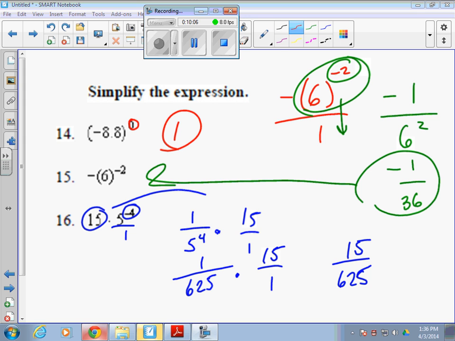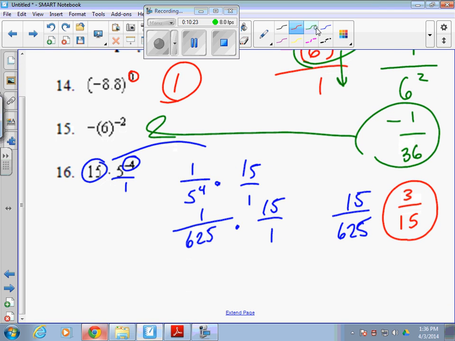We know the number 5 goes into both of these numbers since they both end in 5. 5 times 3 is 15, and 5 goes into 6 one time, and it goes into 25 5 times. Again, we don't have a simplified fraction at this point, even though I circled it.